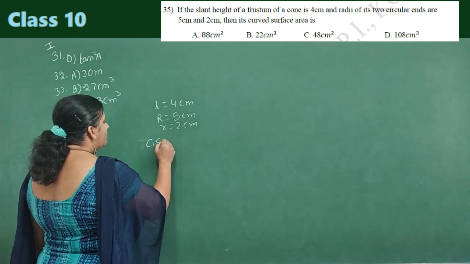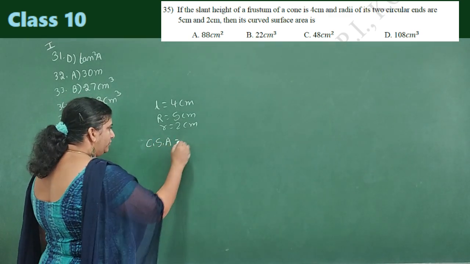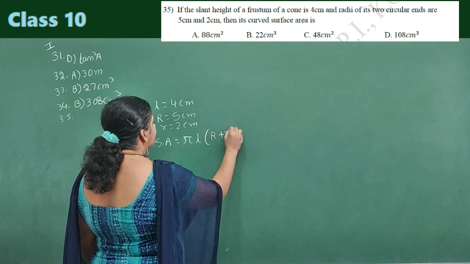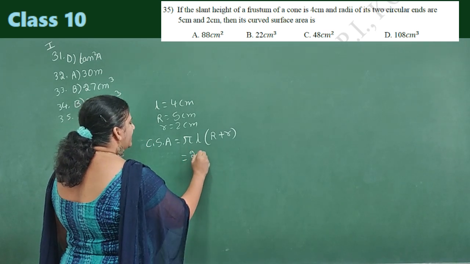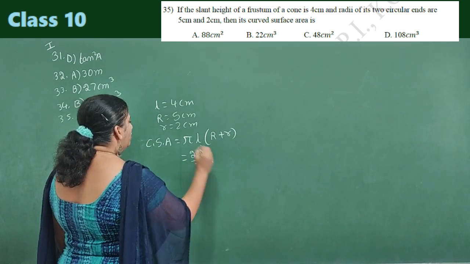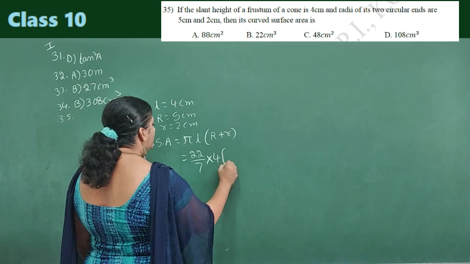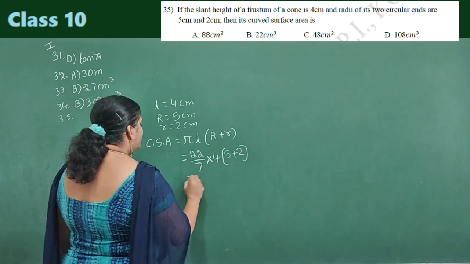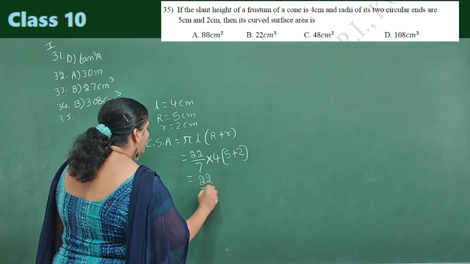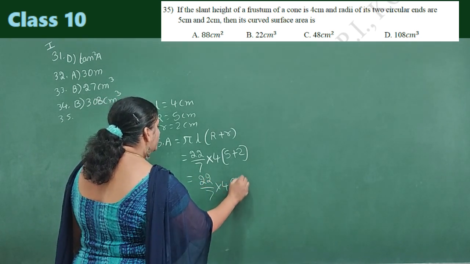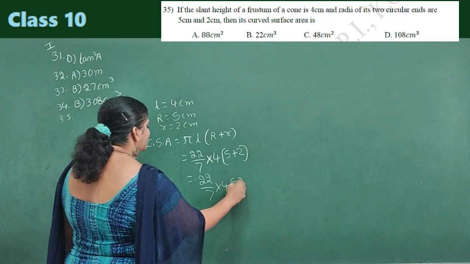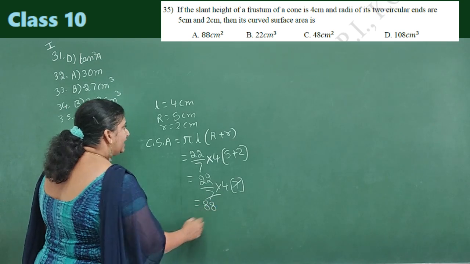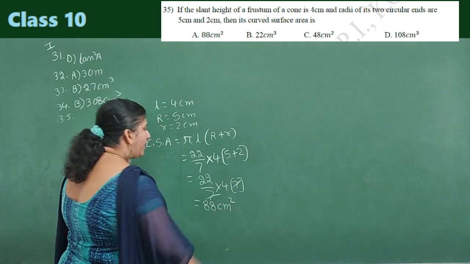CSA of frustum of a cone is equal to pi L into R plus r. Pi is 22 by 7, into slant height 4, capital R is 5, small r is 2. So 22 by 7 into 4 into 5 plus 2, which is 7. 7 cancels. 22 fours are 88 centimeter square.